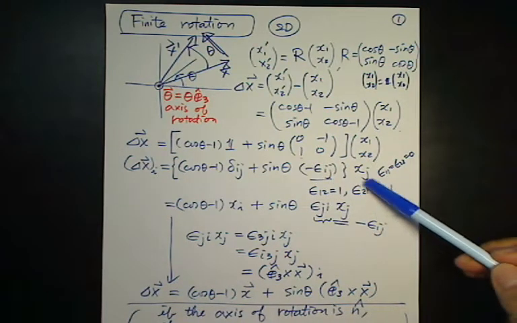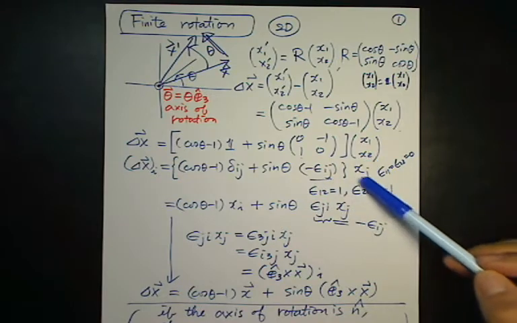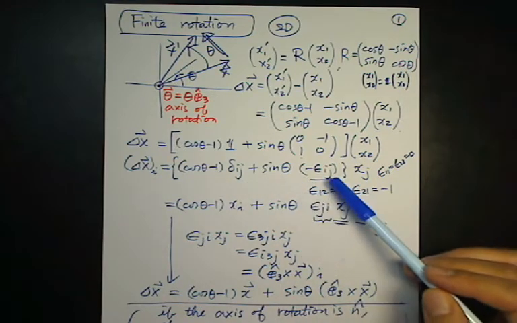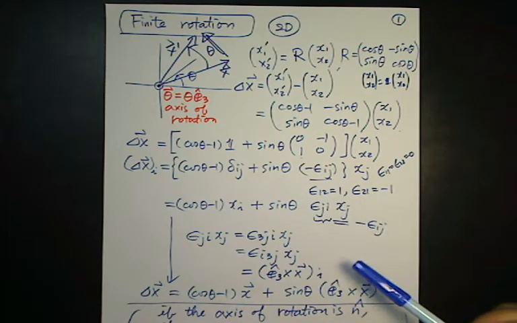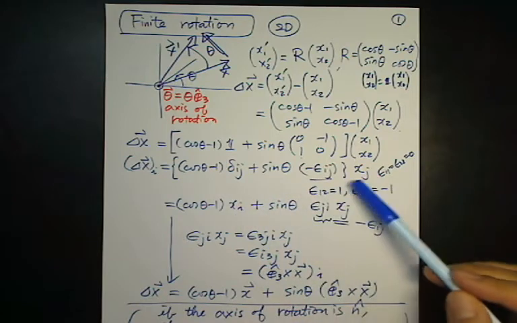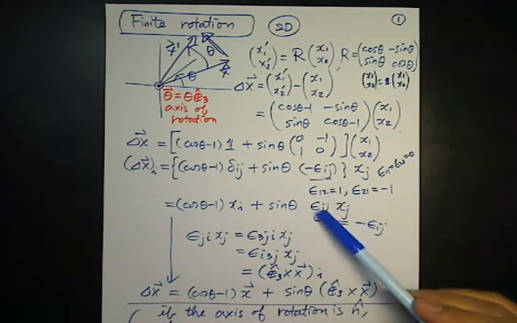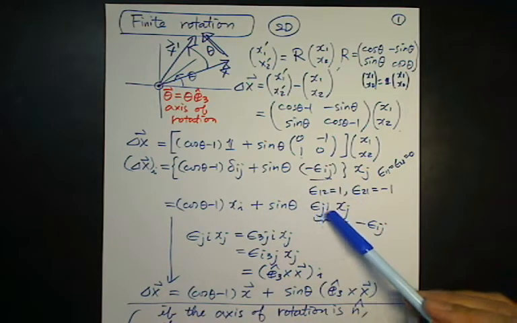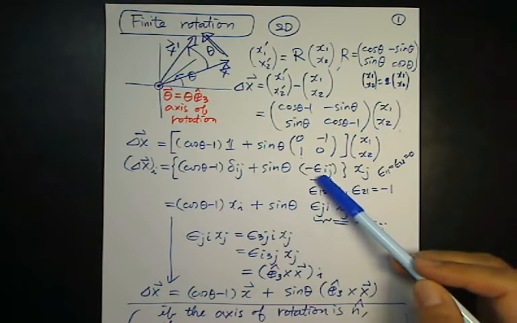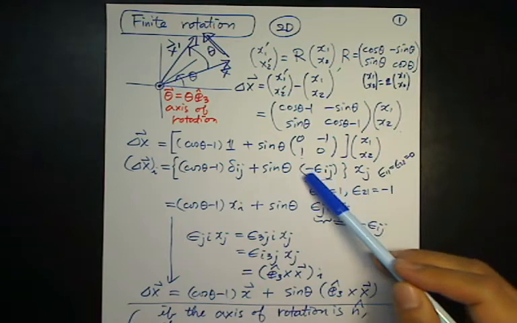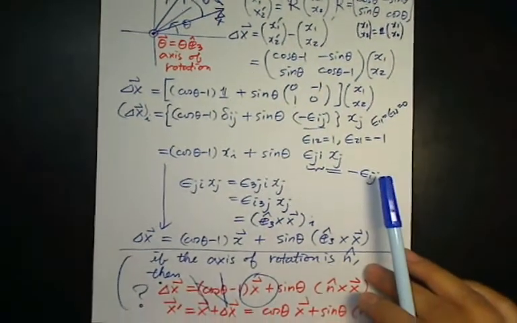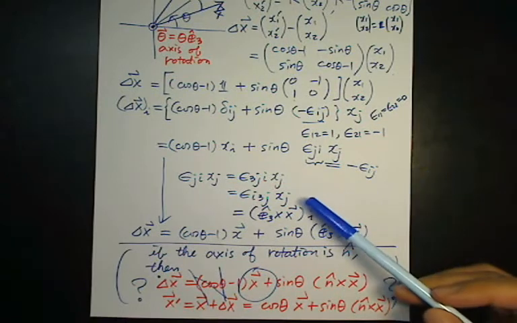If I multiply this vector in here, I just connect the dummy index j. So the multiplication gives xi, and this one gives epsilon ji xj. If I exchange the i and j, this negative sign disappears because of the permutation.